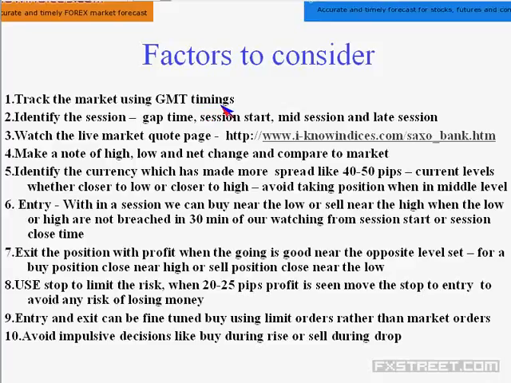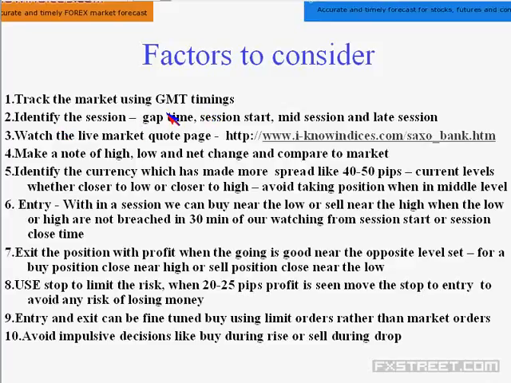Unlike the stock market, which is open about 7-8 hours in a particular country, this is a world market that takes a full day to make its moves. So we need to track it using GMT time.